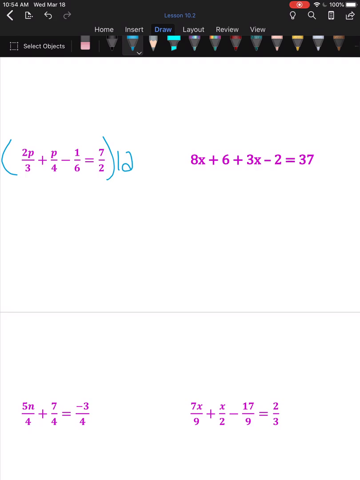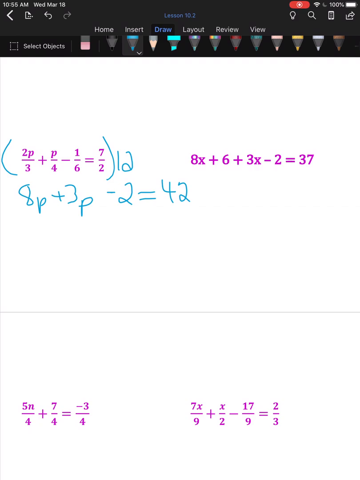So listen, I'm going to go through that each time here for all 4 of these. 12 divided by 3 is 4. 4 times 2p is 8p. 12 divided by 4 is 3. 3 times p is 3p. 12 divided by 6 is 2. 2 times 1 is 2. And 12 divided by 2 is 6. 6 times 7 is 42.